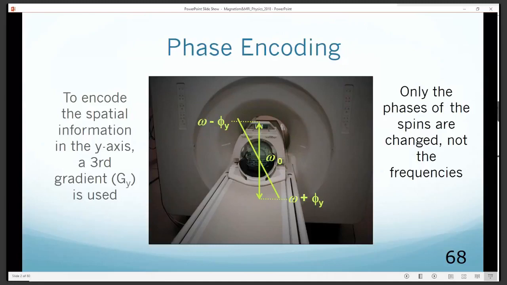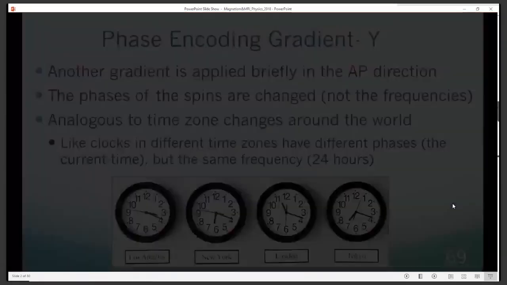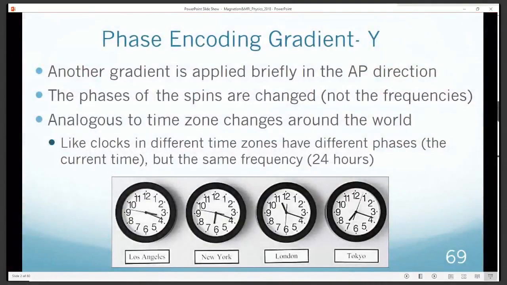And this phase encoding is the main reason that MRI takes a relatively long period of time. The amount of time taken to frequency encode and slice select together are only a few milliseconds, but phase encoding can take hundreds of milliseconds to minutes.